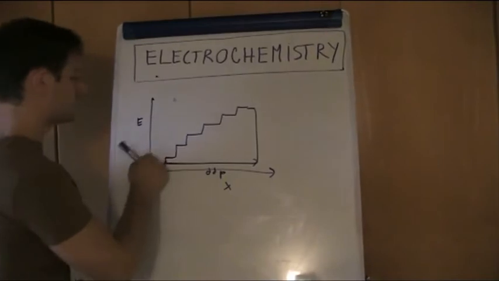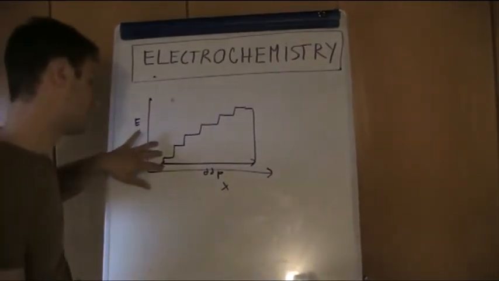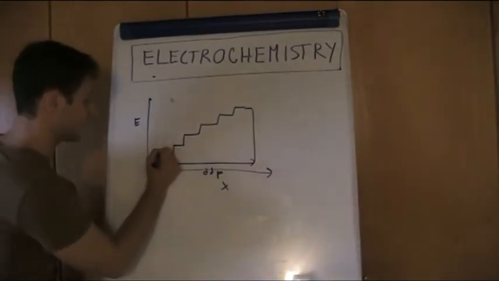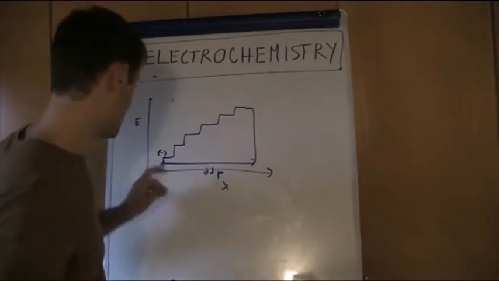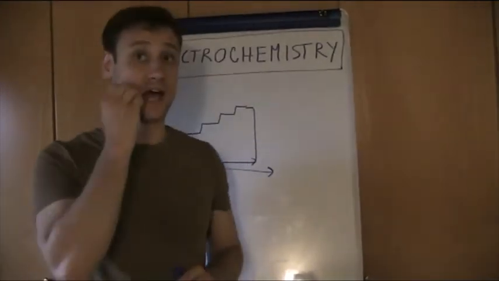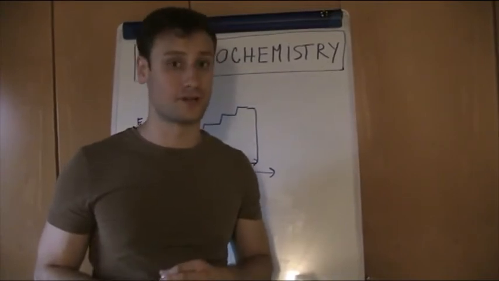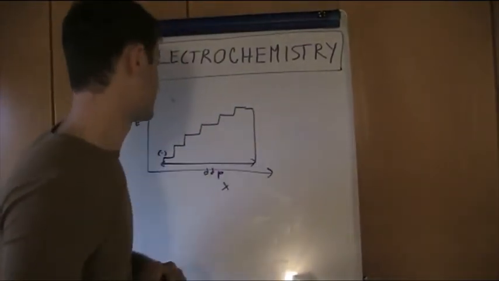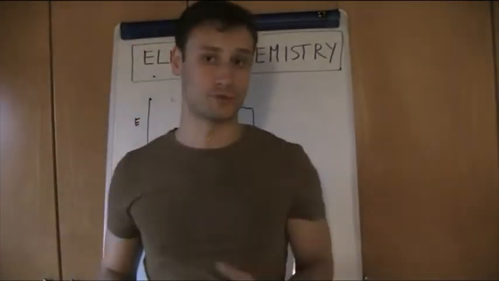So basically, what does this plot mean? That we have here, for instance, the potential of one electrode, the negative one, so the anode. Why the negative? Because it's the electrode characterized by the smaller potential energy with respect to the positive one, which is the electrode characterized by the higher potential energy.